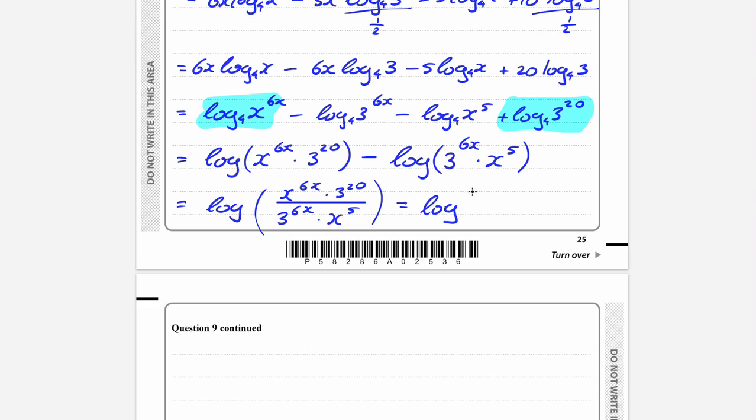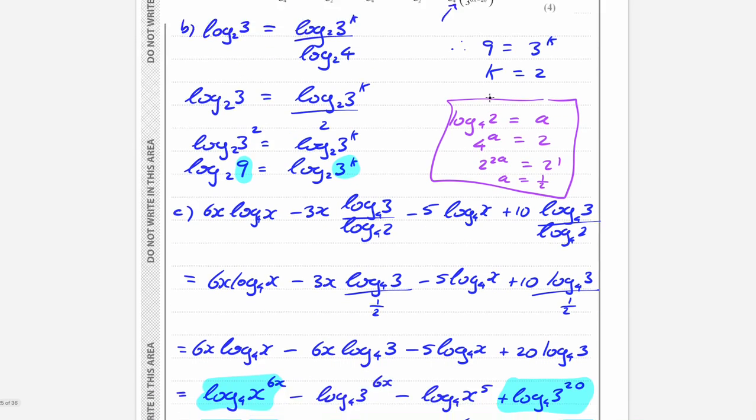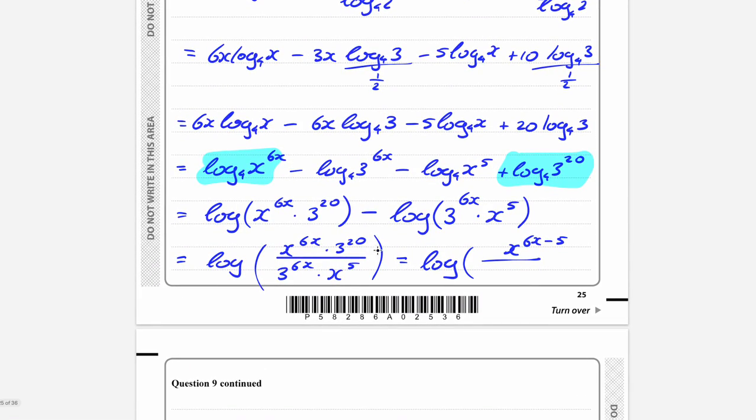So at the top, log x to the 6x minus 5. How does he want the answer actually, guys?